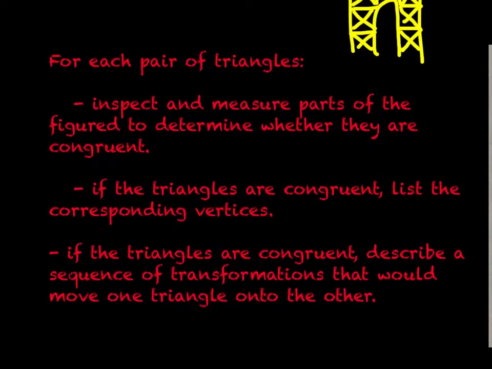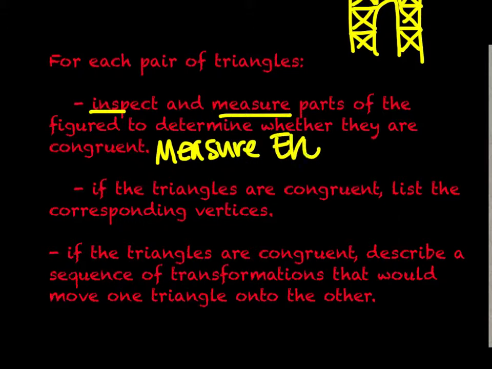So for each pair of triangles in this investigation, you are going to need to do the following 3 things. You are going to need to inspect and measure parts of the figure to determine whether they are congruent, and I want you to measure everything. You need to be able to prove to yourself and to me that each of these triangles are congruent at first.